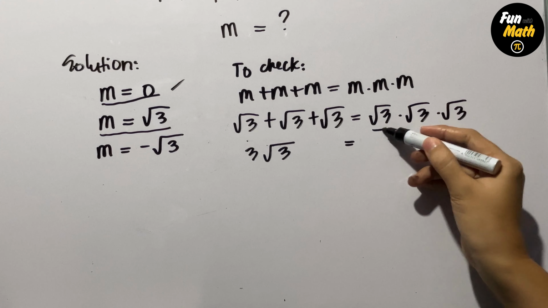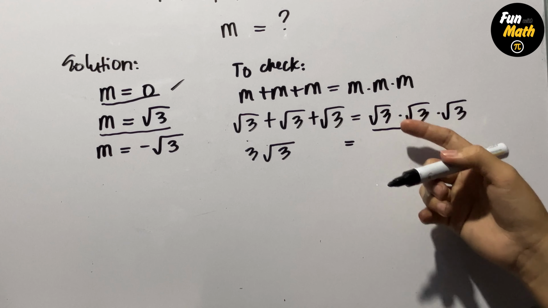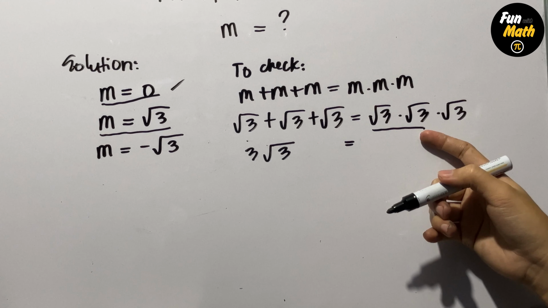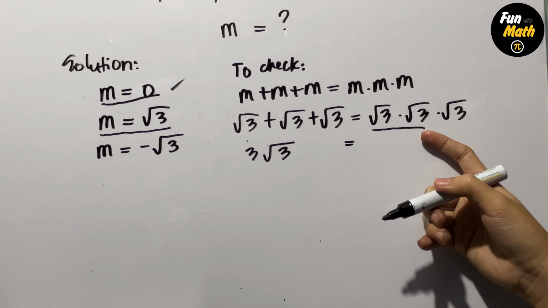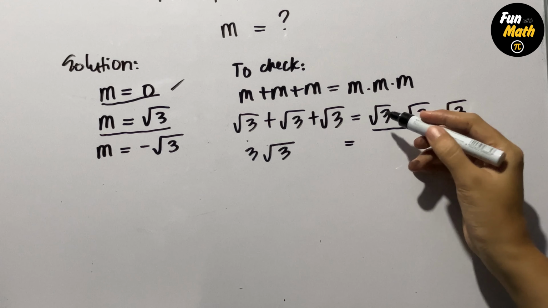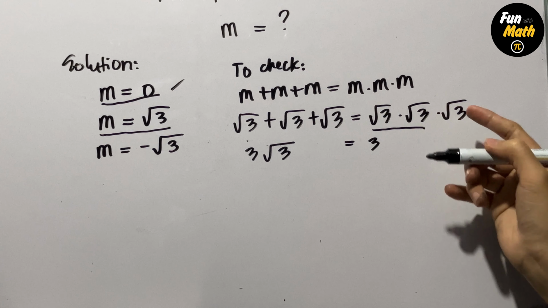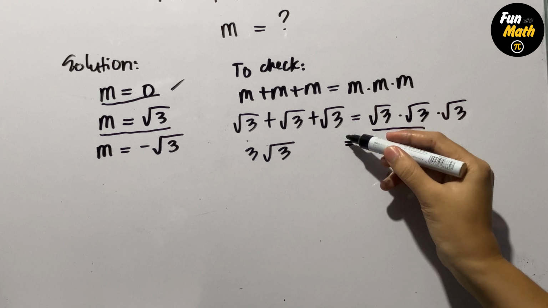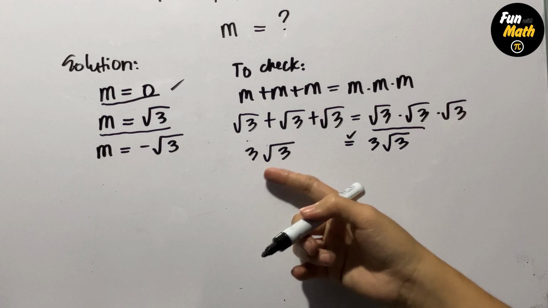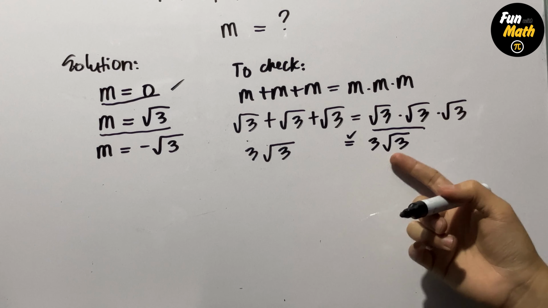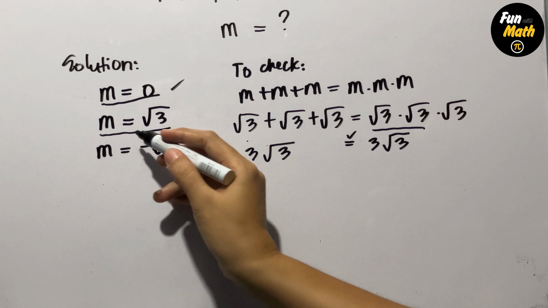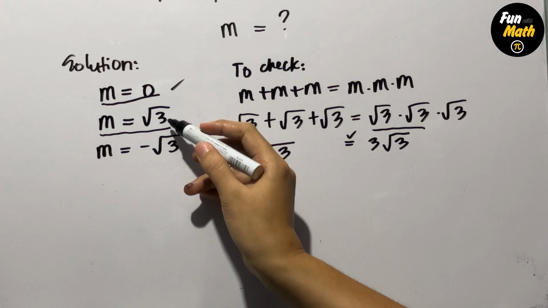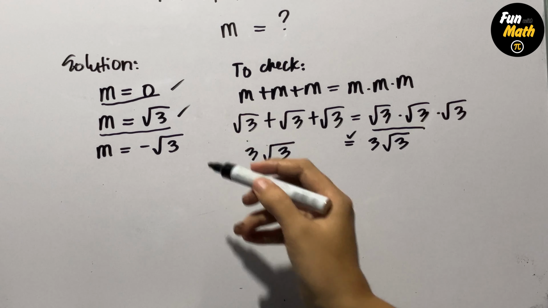Let's start with these two. Square root of 3 times square root of 3, that is square root of 9. And the square root of 9 is equal to 3. So we have 3 and the remaining square root of 3. So they are equal. 3 square root of 3 is equal to 3 square root of 3. That means the second value of m, which is equal to square root of 3, is also correct.